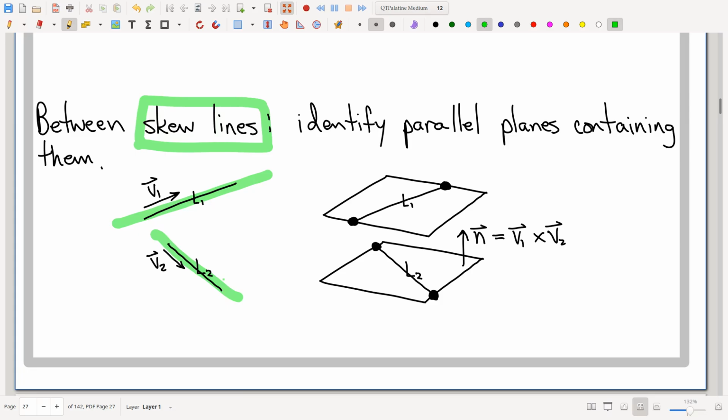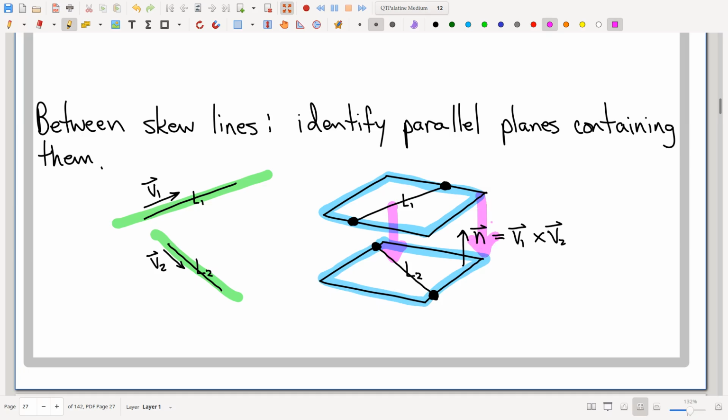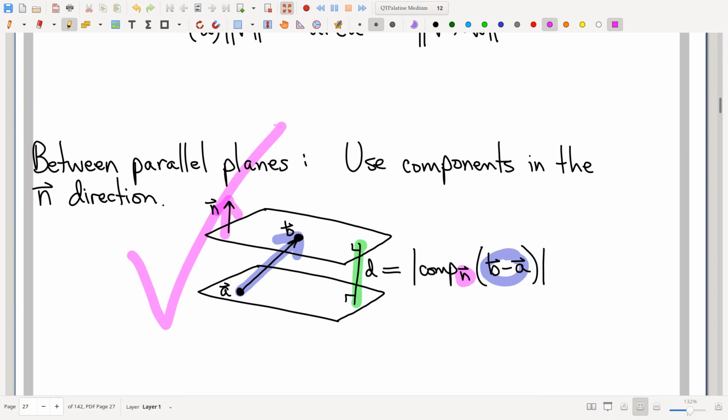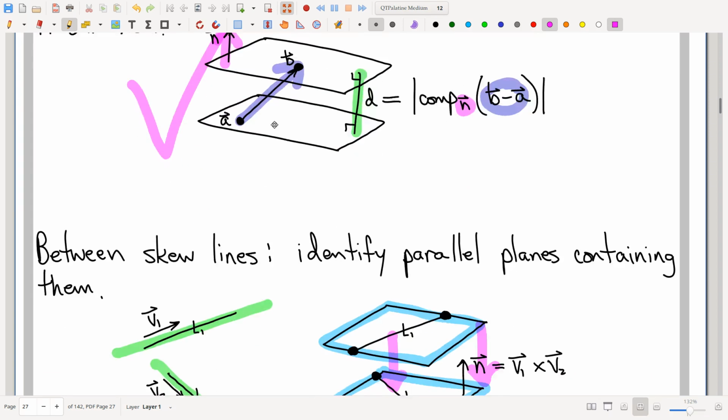And how do you find the distance? The beautiful observation is to realize that whenever you have two skew lines, you can always put them into parallel planes, and then the distance between the skew lines is also the distance between those two planes, which we already know how to compute. Right? So it's a really, really clever idea.